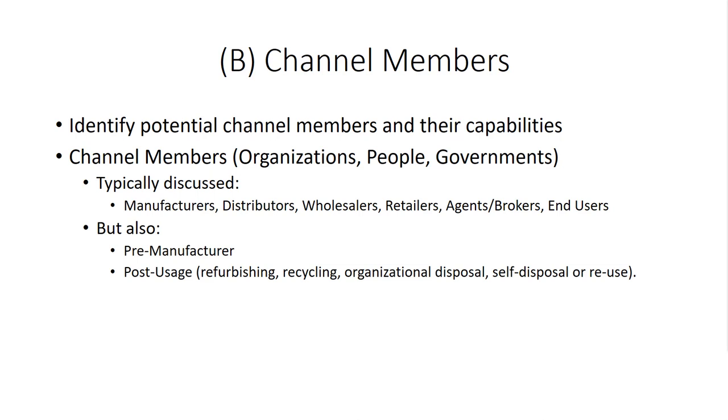For example, pre-manufacturer channel members might be raw materials acquirers, such as mining or logging companies, parts manufacturers, component manufacturers, and assemblers. And then some examples of post-usage channel members could be refurbishing or recycling centers to recycle products such as smartphones or ink cartridges or appliances or computers or home goods and food packaging.